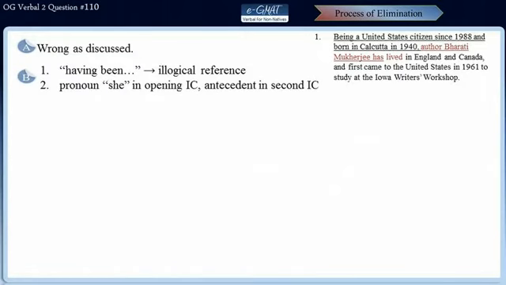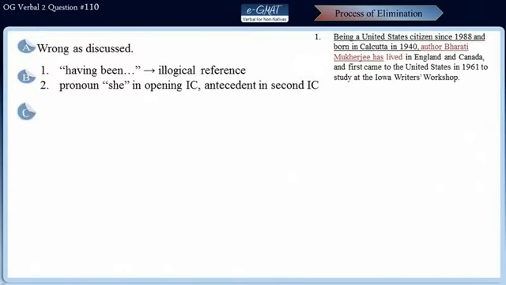The antecedent for this pronoun actually appears in the second independent clause. This is not the correct way of writing pronouns. First, we write the antecedent, and to avoid the repetition of the antecedent, we write the pronoun. So these errors make choice B incorrect.